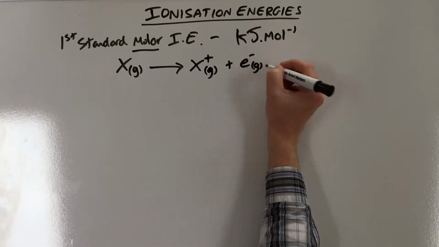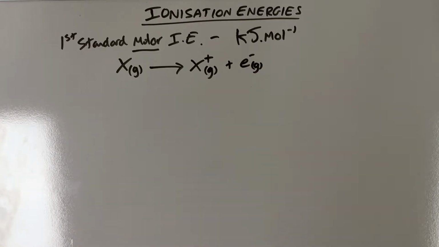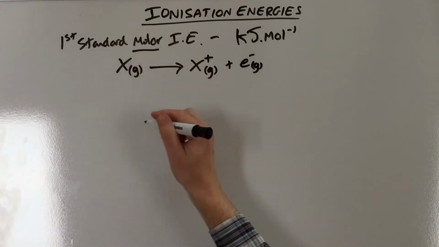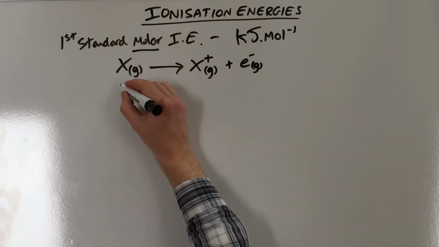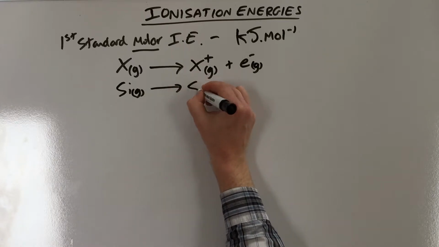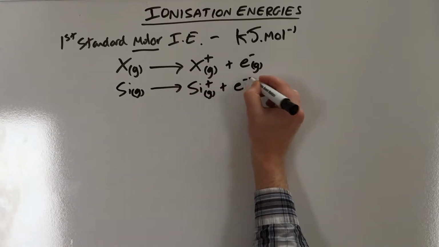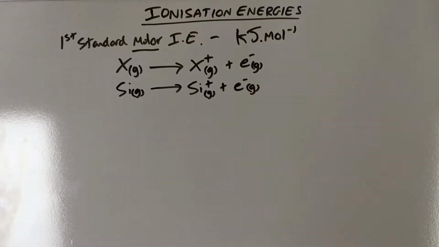So this is your general equation for the first standard molar ionization energy for any element. You can put anything you like in there. For example, silicon: silicon gas goes to Si plus gas and an electron.